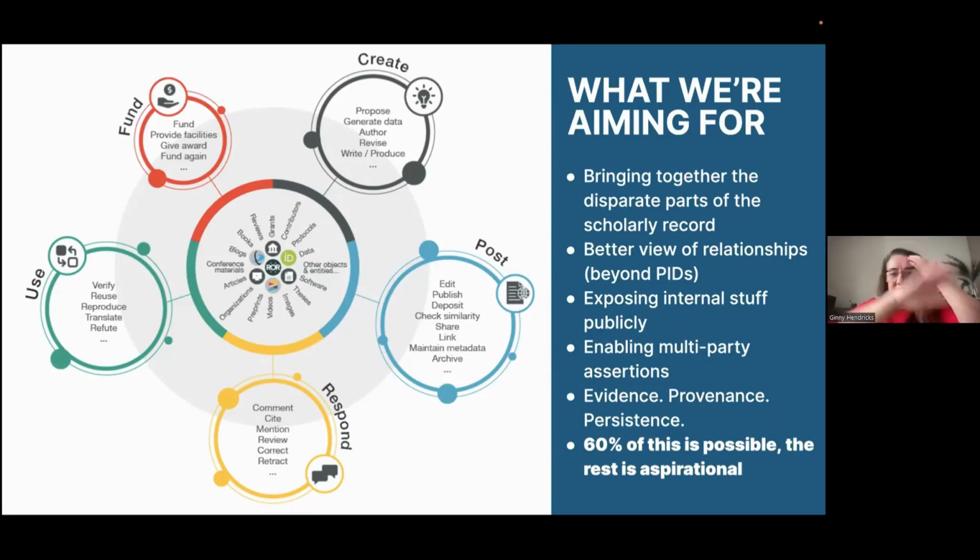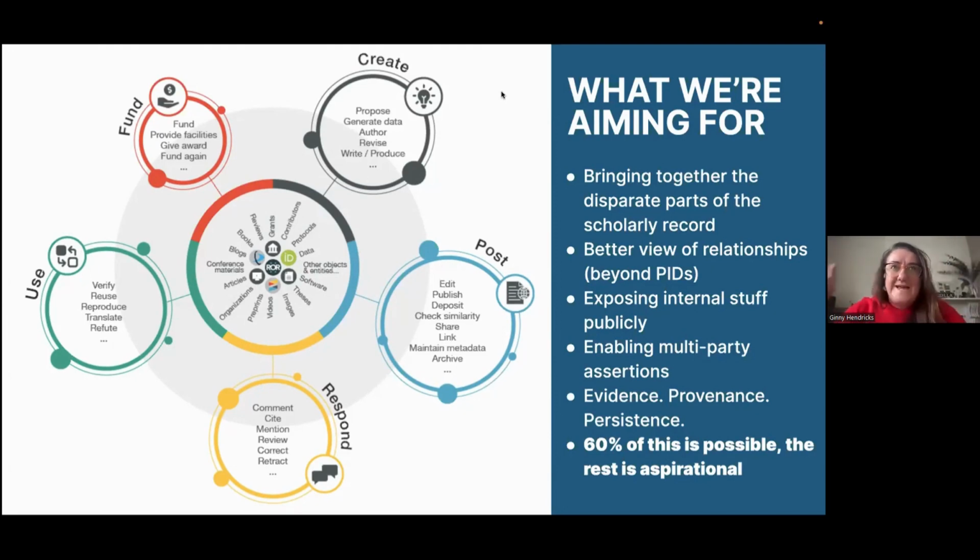So it's a fairly cyclical process. And within those, we've got quite specific actions and relationships that we're either already capturing or would like to in future. And in that green bubble on the left, that's really aspirational, I would say.